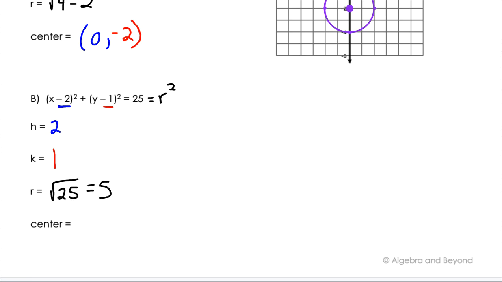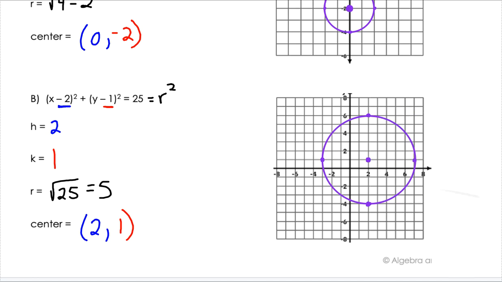And then again, it wants us to write where the center actually is. So in this case, it would be at 2, 1. So I would plot 2, 1, go 5 in each direction, and it would give me a circle that looks like this. So those are the key points on graphing a conic section that's a circle and writing its equation.